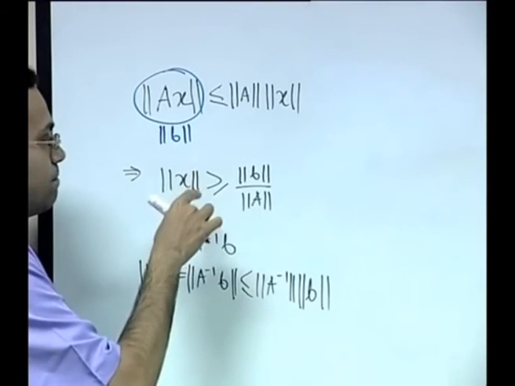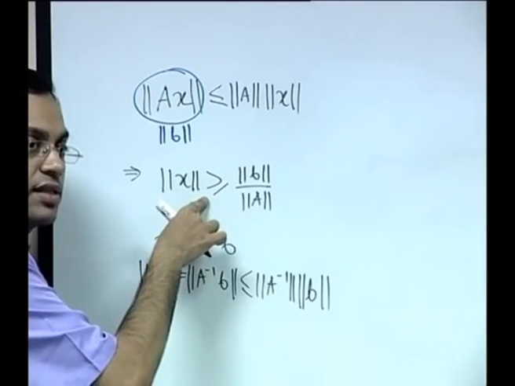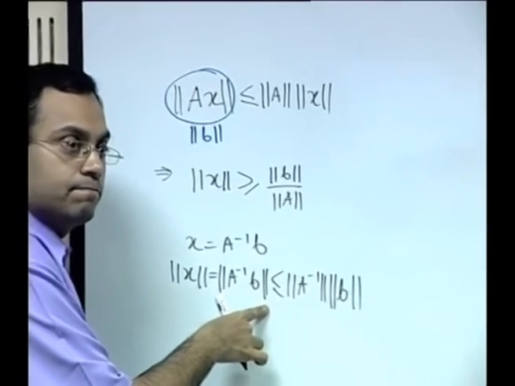So, we get one lower bound and one upper bound of norm of x.